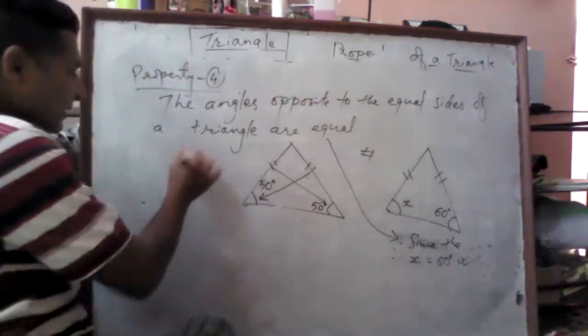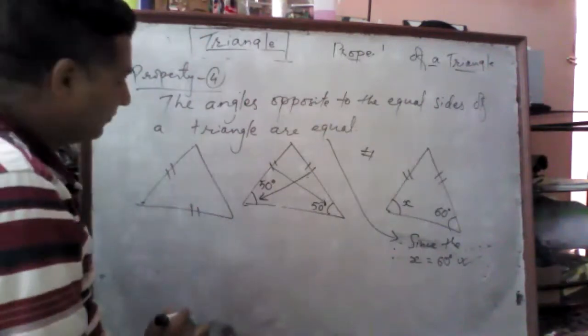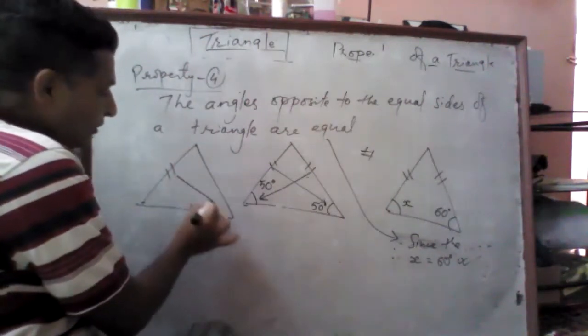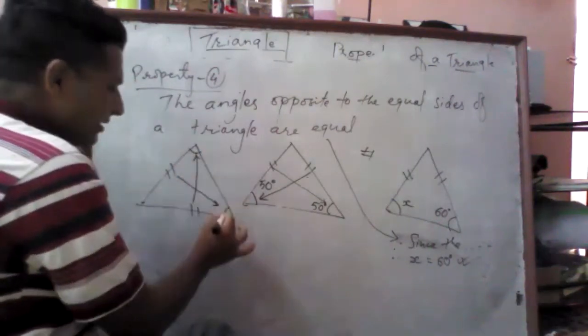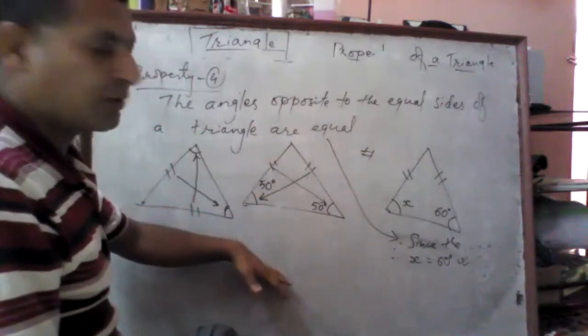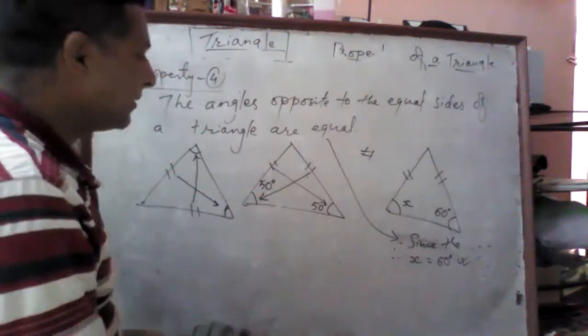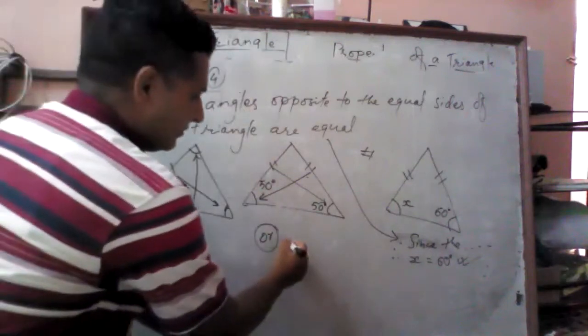Not only that, if these two sides are equal, its opposite is here and its opposite is here, so these two angles must be equal. And this property is also called base angles.